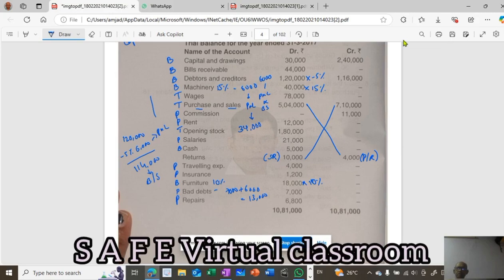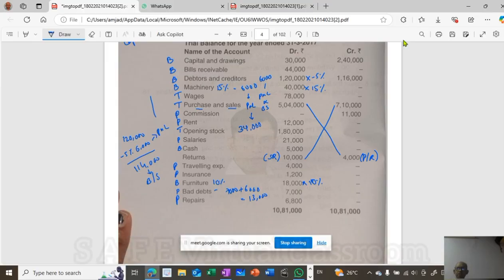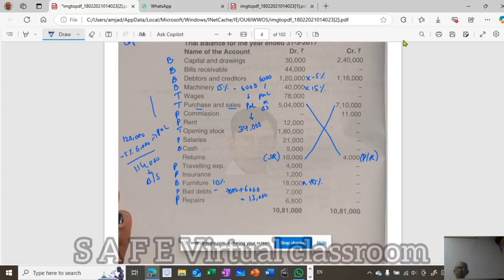Here, see, you can see on the screen. For which one are you doing, furniture? Machinery. 40,000 into 15% is 6,000. That 6,000 will go to profit and loss.